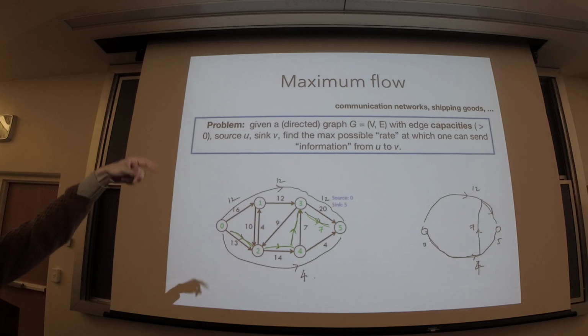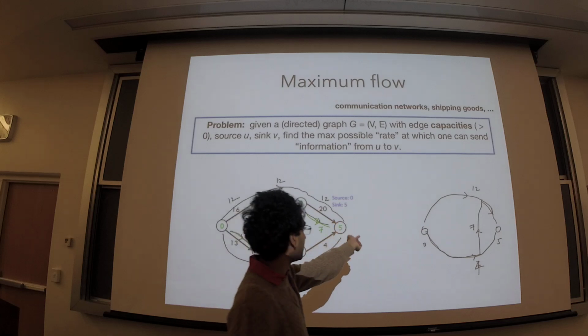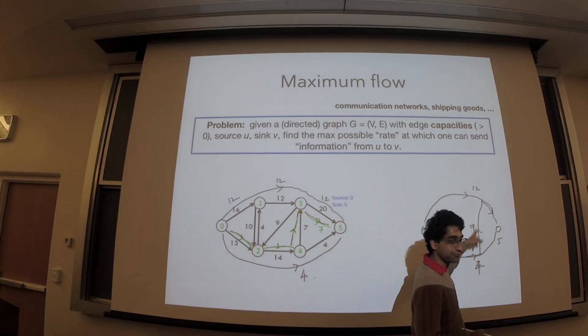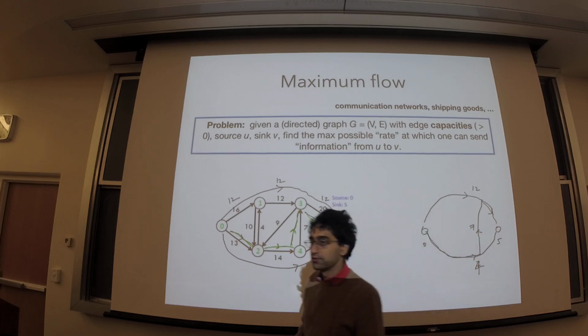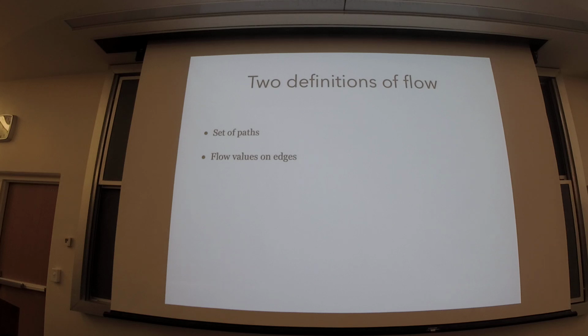So I thought of it as 3 paths, one which had a flow of 12, this one had a flow of 4, this one had a flow of 7. So, a set of paths, each carrying some flow.